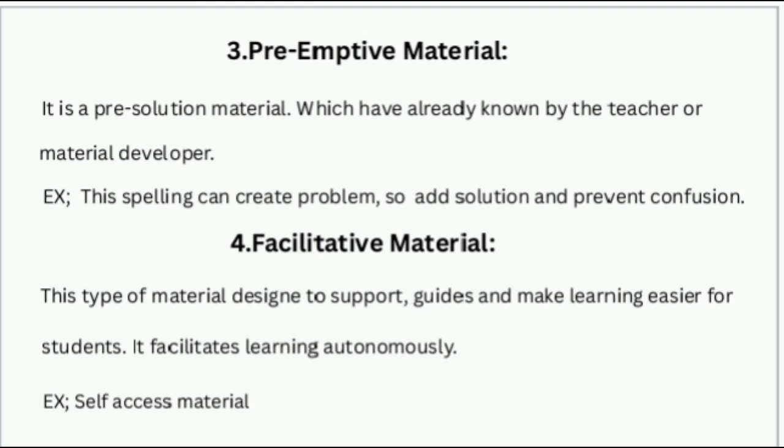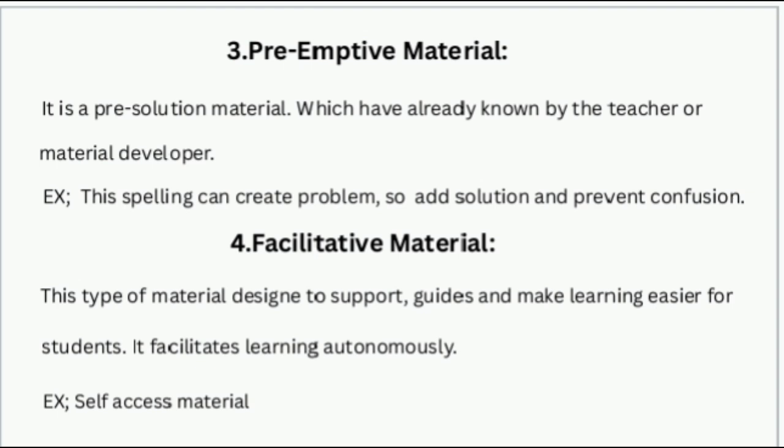But in the first we pronounce it u, and in the second spelling we pronounce it differently, so why does this happen? This can create confusion for the students. That means in preemptive material, a teacher gives the solution before asking the student.